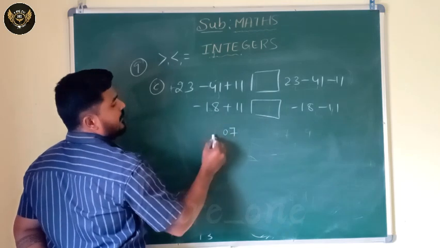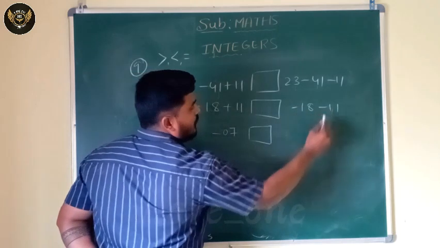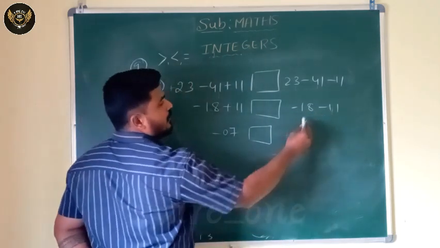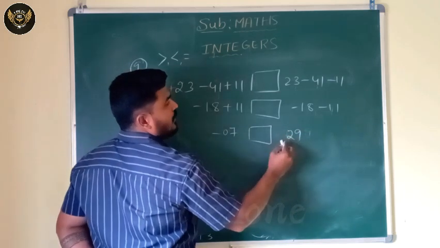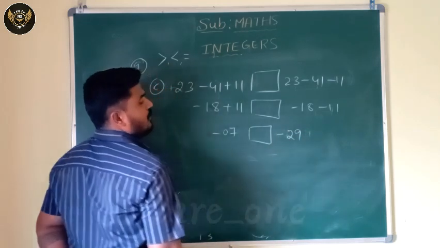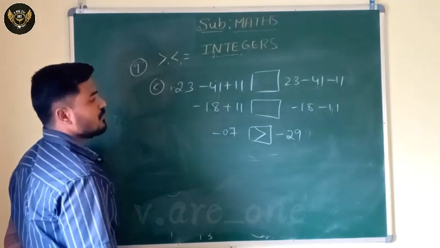We got greatest number is minus. We have two numbers with minus, so we have to add. 18 plus 11, 8 plus 1 is 9, 1 plus 1 is 2, with a minus sign. So here minus 7 is greater compared to minus 29.